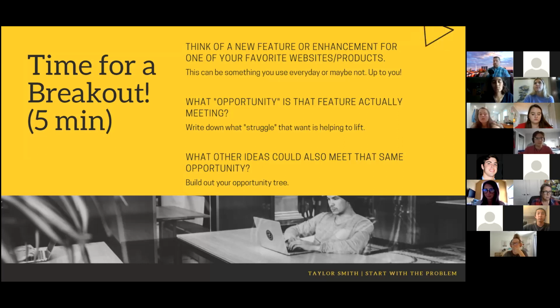Write down the opportunity: what is that next level up in the map that the feature or solution you're proposing is actually trying to solve? Then think about what other possible features could also meet that same opportunity. And then we're going to come back and share.